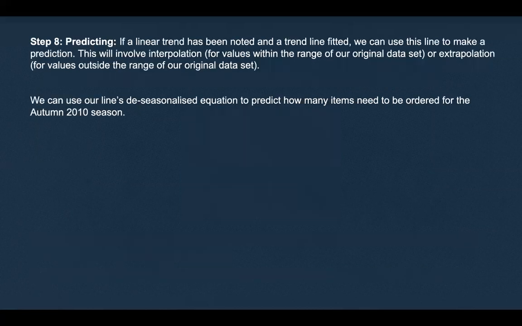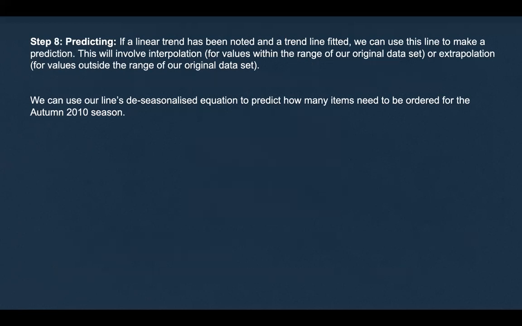So step 8 is predicting. We can use the equation that we calculated just before to make predictions. This will involve interpolation, which is for values within the range of our original data set, or sometimes extrapolation for values outside the range of our data set.